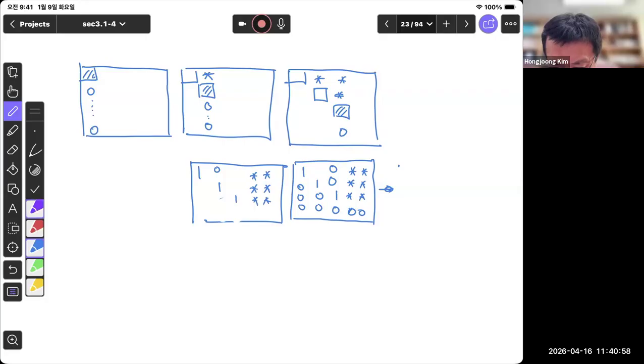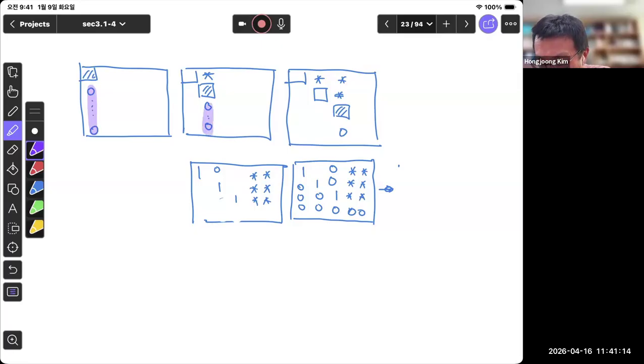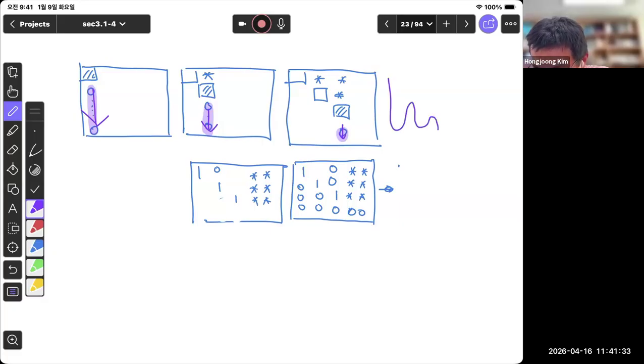I first considered this corner, so I introduced the zeros here in the first column. Then I considered these zeros, and then I considered this zero. So I go down this way, then the second column, then the third column. So I go this direction first, right? That was the first step.